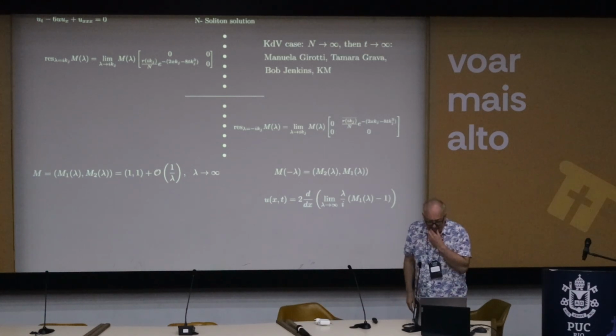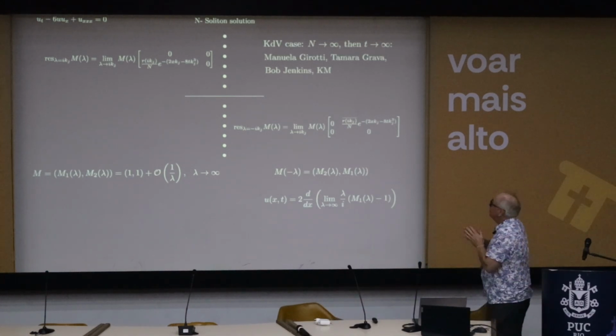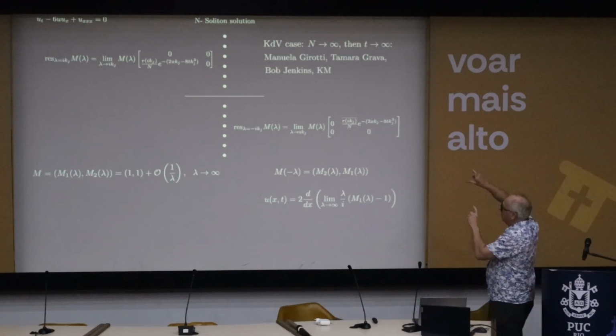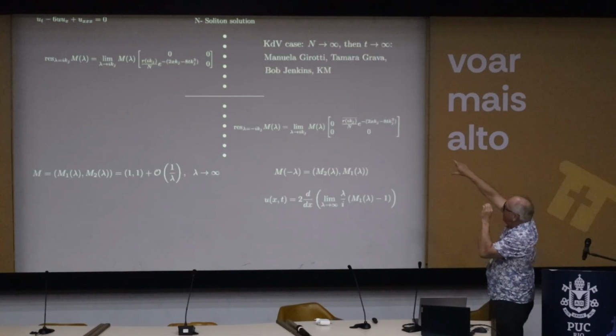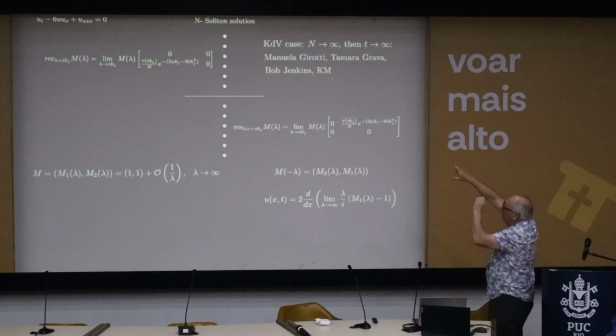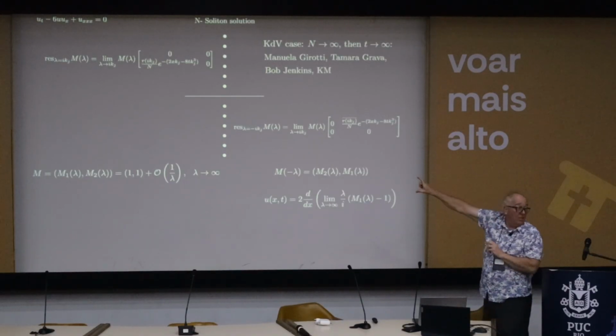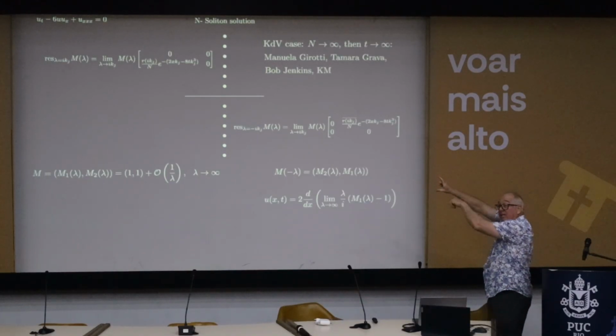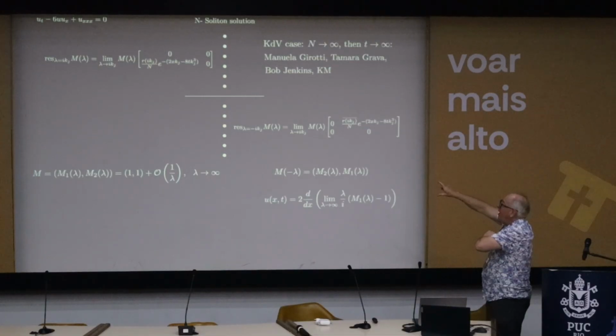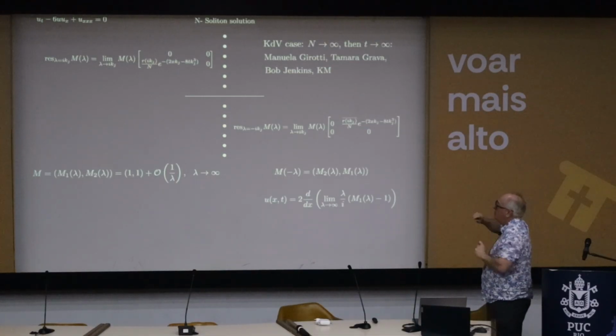In the case of the KdV equation, what you're looking at is sort of suggestive. You can imagine having an interval in the upper half plane and poles accumulating on that interval, and then the complex conjugate interval in the lower half plane, with poles accumulating on that interval. The question is, what happens when n goes to infinity? That was carried out in this work that I'm pointing at by Manuela Girotti, Tamara Grava, Bob Jenkins, and myself.